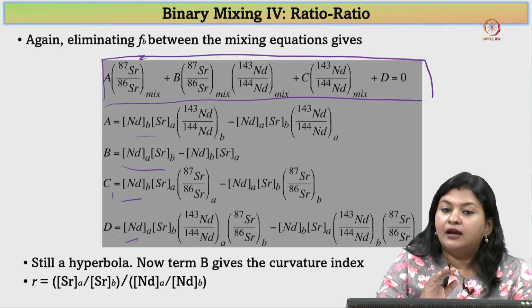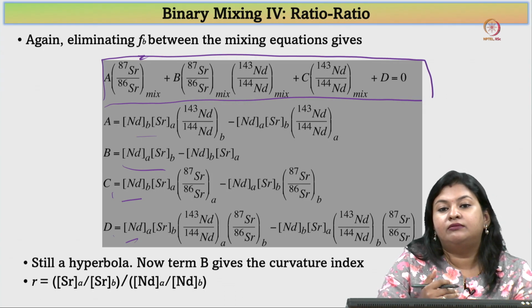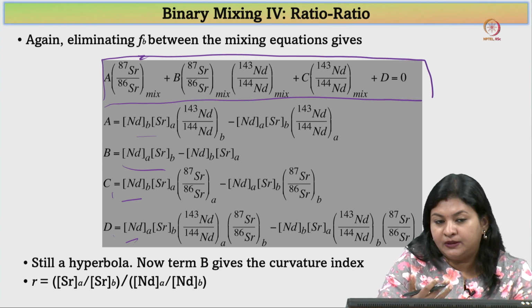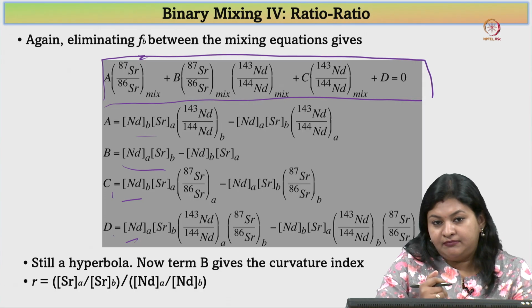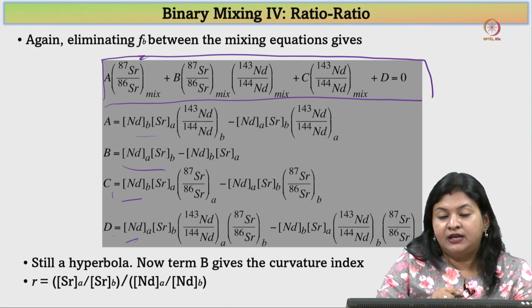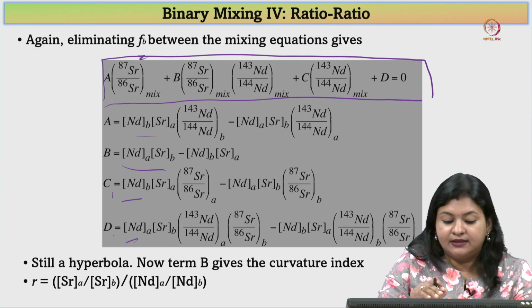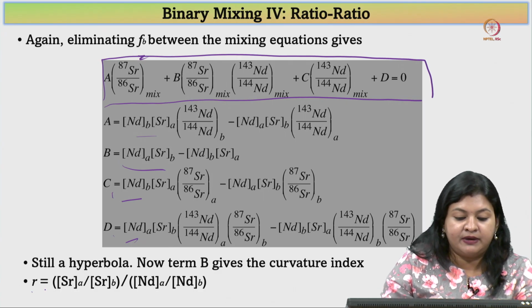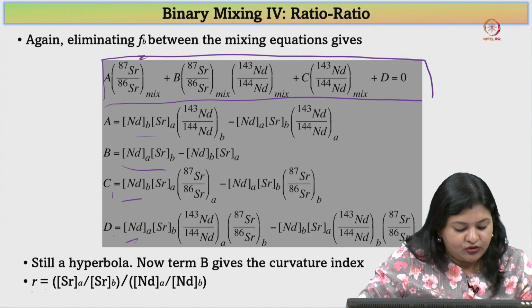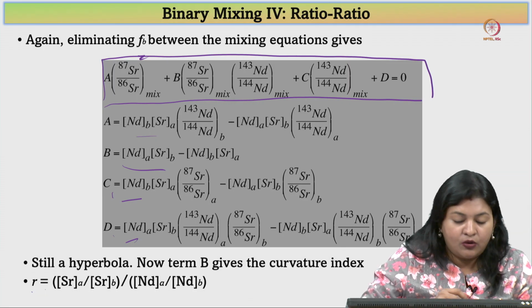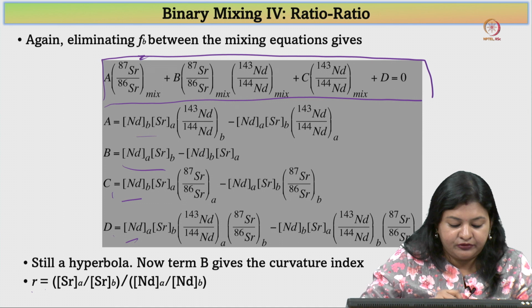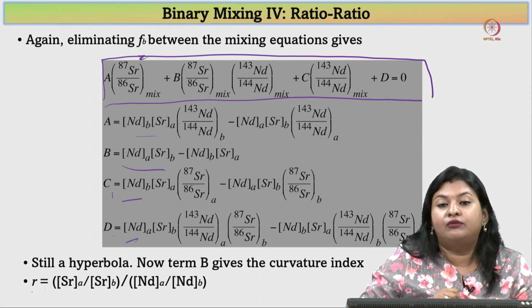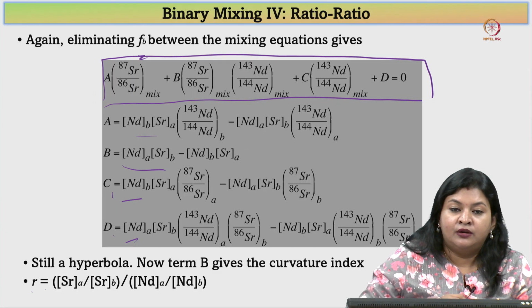And again it gives us the equation of a hyperbola, and this time the B term gives the curvature index with R equal to strontium of A divided by strontium of B, the whole divided by neodymium of one end member A divided by neodymium B of the other end member.